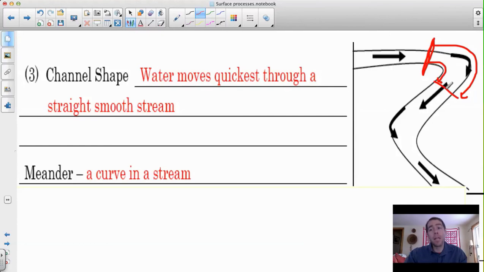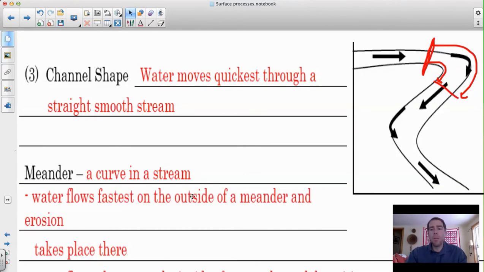If you just imagine that it would take the same amount of time to go from this line to this line, if you had to race somebody and get there at the same time, the person that has to run on the outside has to run a lot faster. So in essence, on the outside of the stream, the water is moving much faster. And that has a huge impact on the dynamics in the stream.